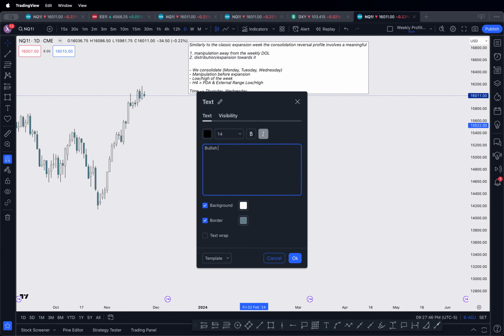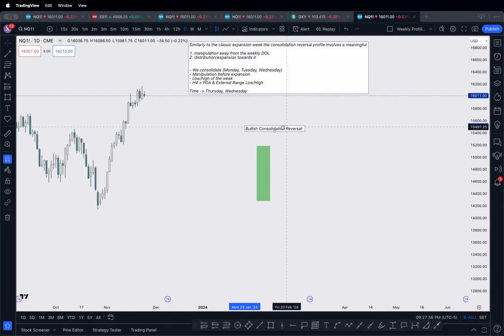Where do you think bullish midweek? Or no, sorry, we're doing consolidation. Where do you guys think we would see a larger tail if we have a bullish consolidation reversal? To the buy side or to the sell side? To the sell side?